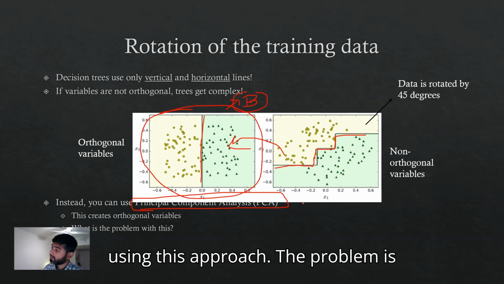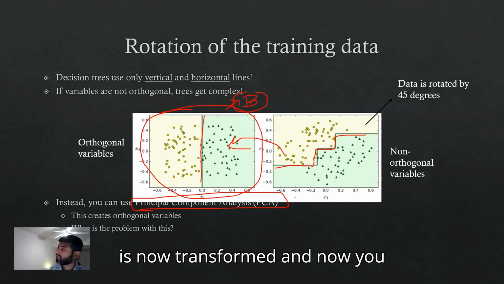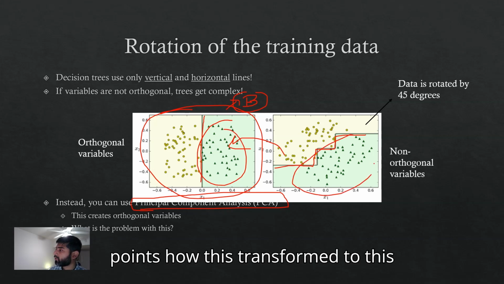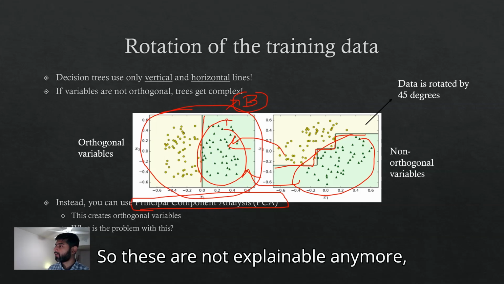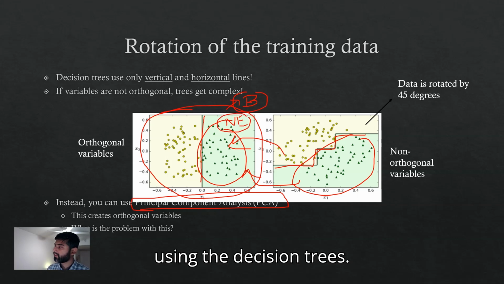The problem is, since you transform this, the matrix is now transformed, and now you cannot explain these data points. How this transforms to this green set. So these are not explainable anymore, which was the biggest advantage of using the decision trees.